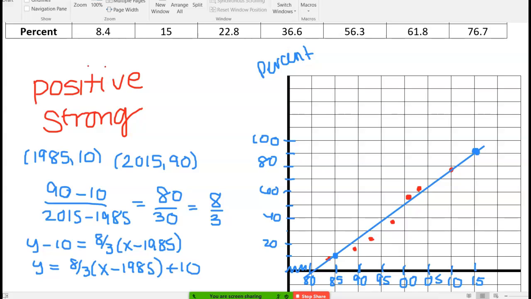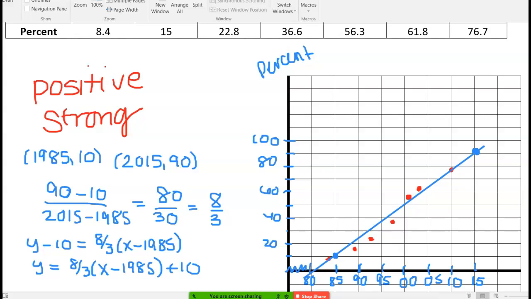What we're going to move on to after this is that we are going to start predicting data. So the question might follow, what was the percent in 2008?